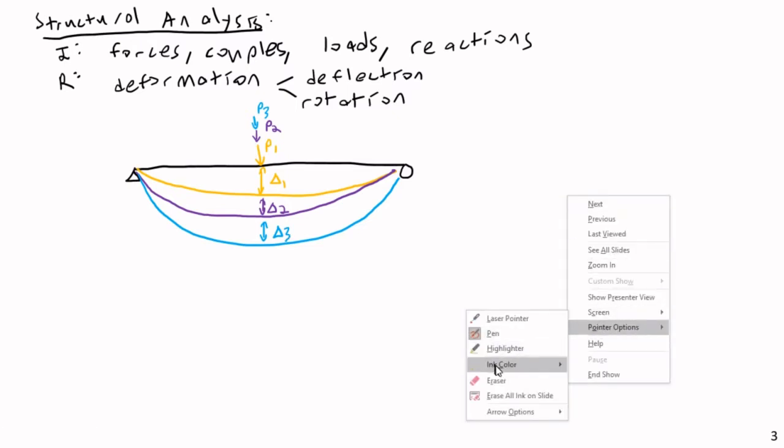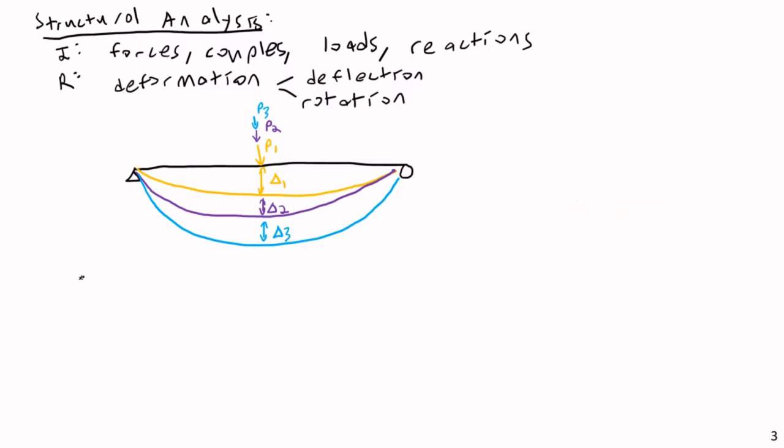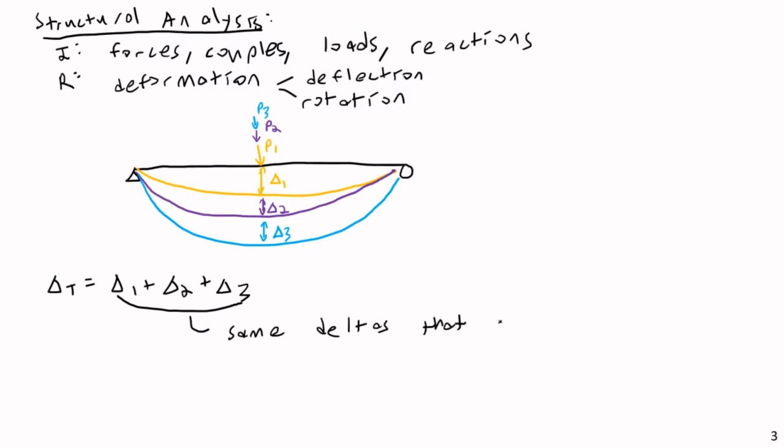So I have these P's, and I can simply say that the delta total is equal to delta 1 plus delta 2 plus delta 3. But these delta 1, delta 2, delta 3 are the same deflections that would be produced if P1, P2, and P3 acted alone on the beam.